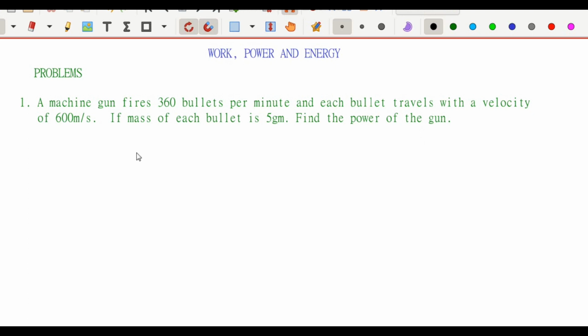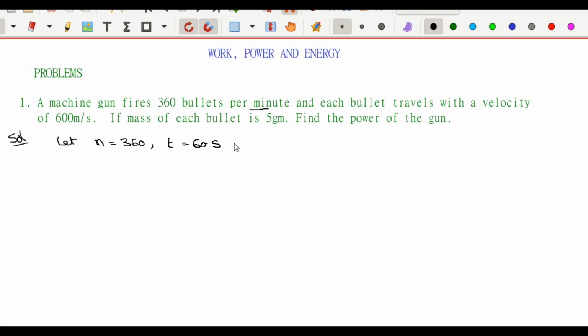First we have to write the data for the solution. Let the number of bullets n be equal to 360. Then per minute means time t is equal to 60 seconds.